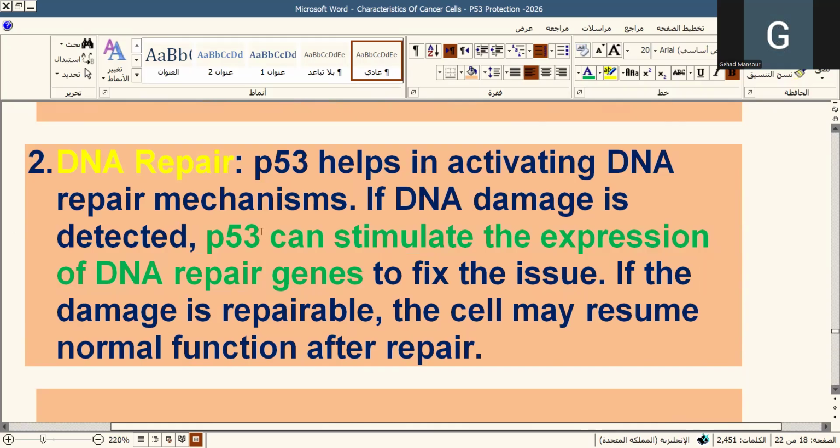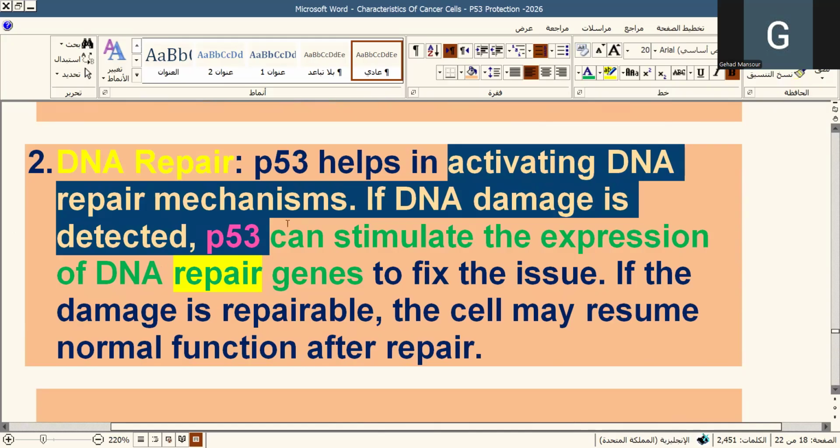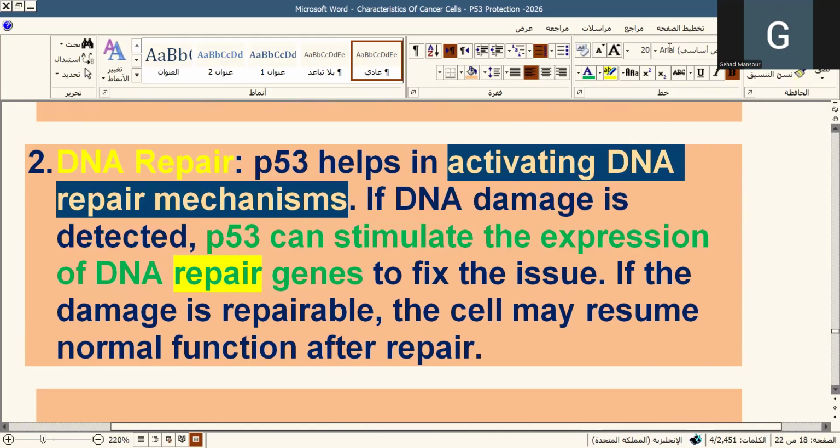So when P53 stimulates their expression, this means that it stimulates their translation into proteins, and those proteins are nothing but enzymes of repair of DNA. And this is the way P53 helps activate the DNA repair mechanisms.